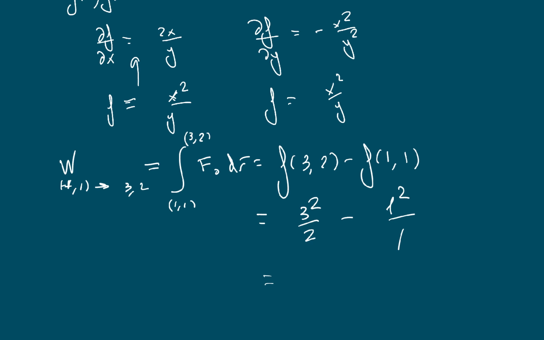So it's 9/2 minus 1, which is 7/2. So this is the result, and the problem is done.